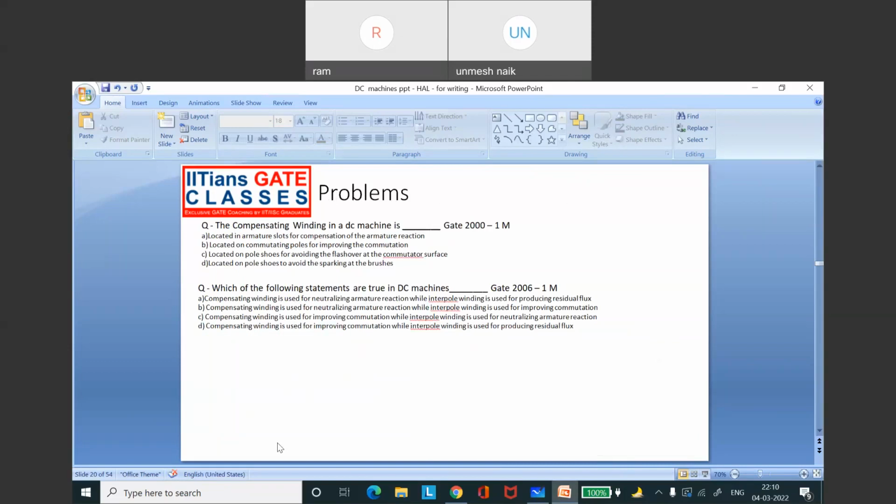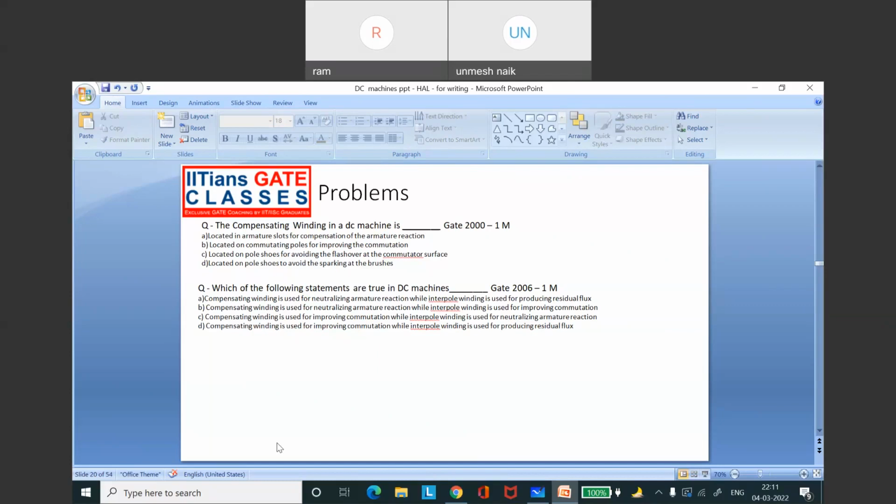The compensating winding in a DC machine is located in the armature slots for compensation of armature reaction, or located on commutator poles for improving commutation, or located on pole shoes for avoiding flashover at the commutator surface, or located on the pole shoes to avoid sparking at the brushes.